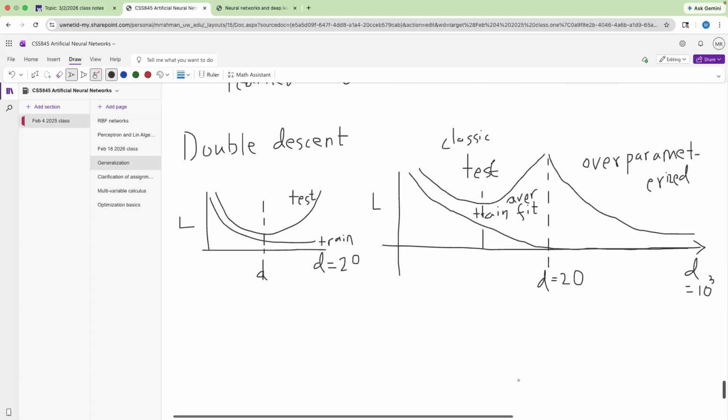One idea is that there is some implicit bias in things like stochastic gradient descent.